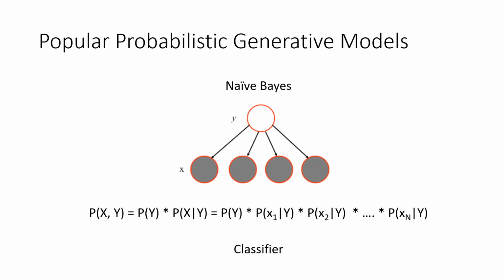Same thing for the conditional probabilities for all the values of the other input X variables. Okay, any questions on the naive Bayes?